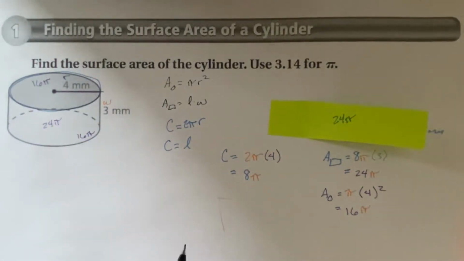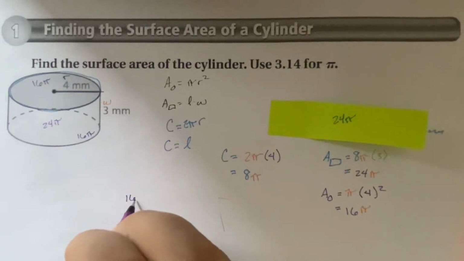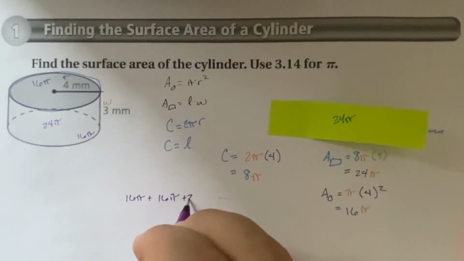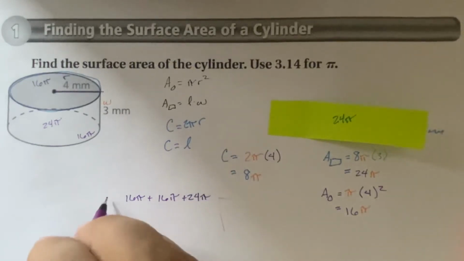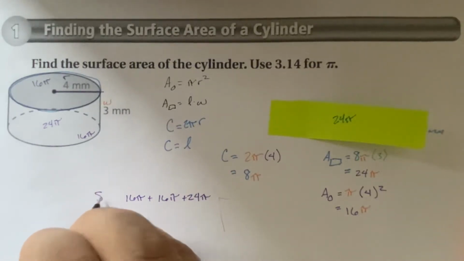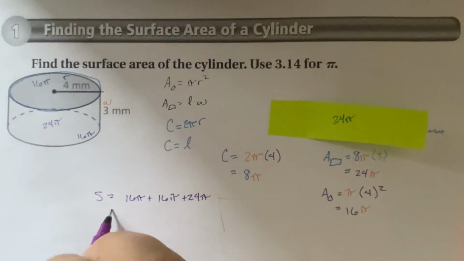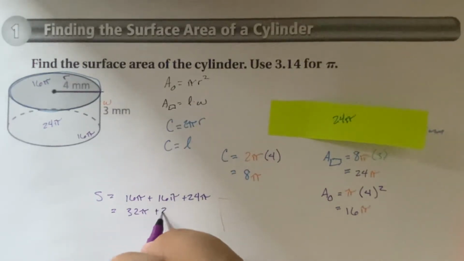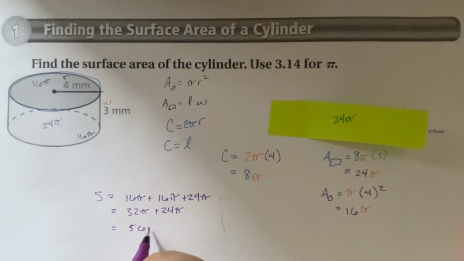So we have 16 pi plus 16 pi plus 24 pi, and the surface area is equal to that. So 16 plus 16 is 32 pi plus 24 pi, which is the same thing as 56 pi.